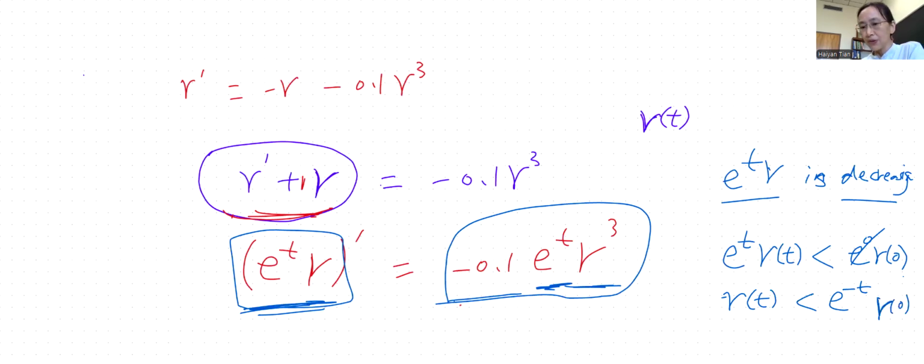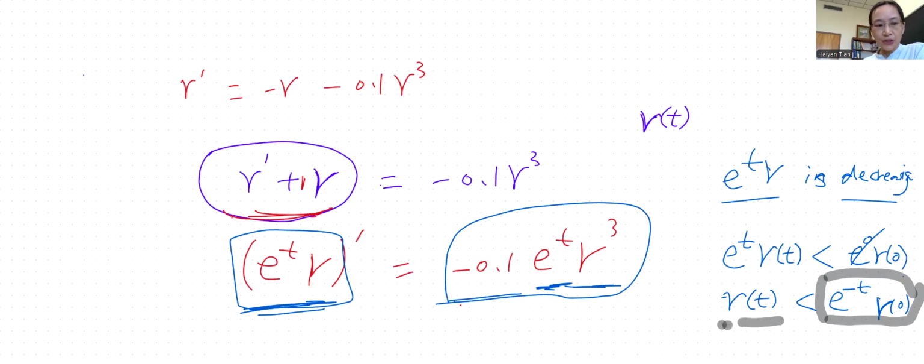That means initially, if the solution curve is that close to the equilibrium solution, then with time, the distance of the solution curve from the equilibrium solution will be decreasing to 0. We see the exponential decay function e to the negative t. It is going to go to 0. So here we see that r of t is decreasing to 0.